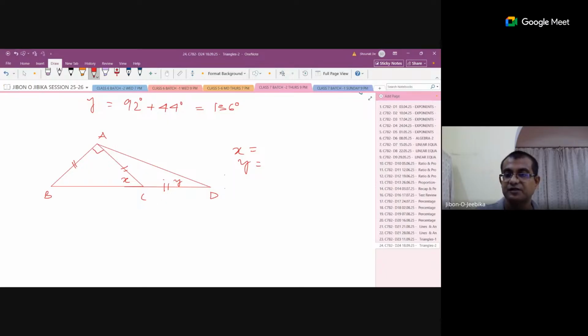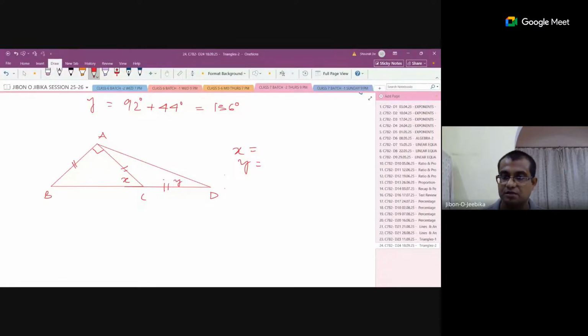Rupam, you have to write very specifically which angle, what the value of x is, what the value of y is. No one has got the answer yet.